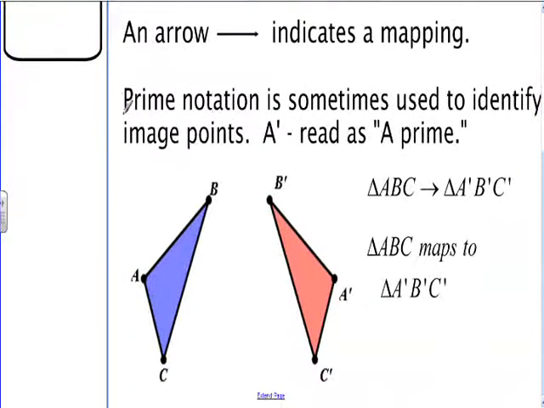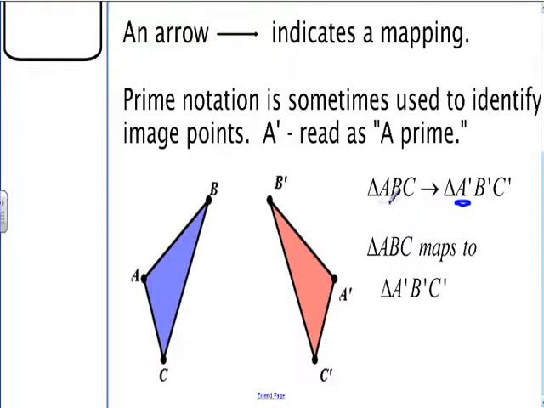Another piece of notation is called prime notation. Prime notation is when you take a letter that represents a point and you put an apostrophe after it, but we read that out loud as A prime. Prime notation is used in all sorts of different fields in mathematics. It's used to describe transformations, in probability, in calculus. It's used all over the place. But in this case, the point A maps to the point A prime. So it's like, what happened to the original point A?